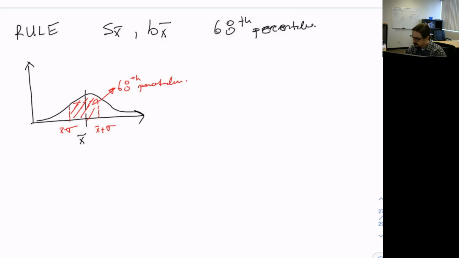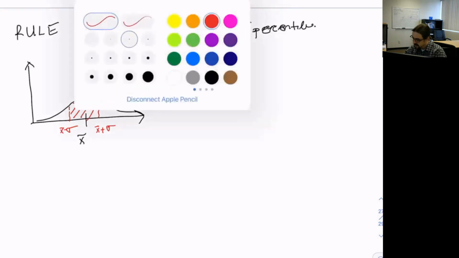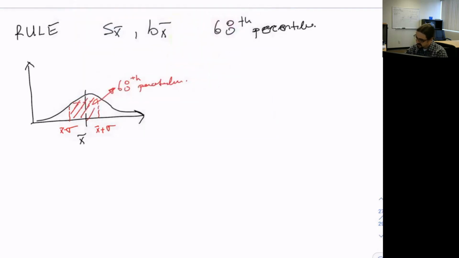You can do the same thing for the 95 percentile. Let's say this is my 2 sigma, and this is my 2 sigma. This becomes the 95 percentile. In other words, we expect 95% of the population to be within 2 standard deviations away from the mean.